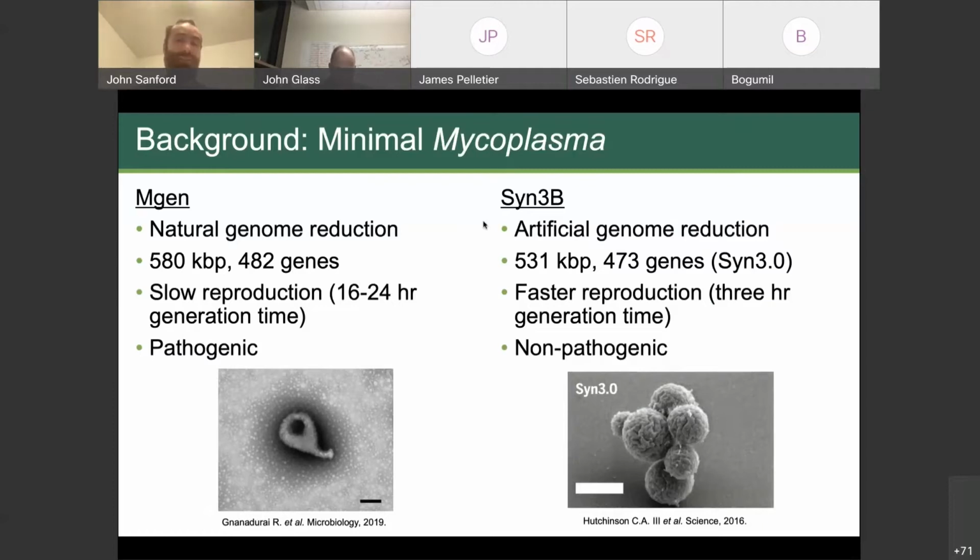The only pain with working with M. genitalium, as you can see here, is it has a significantly longer reproduction time. It's a pretty fastidious organism to work with, and also M. genitalium is pathogenic, whereas in most cases Syn3 is not.